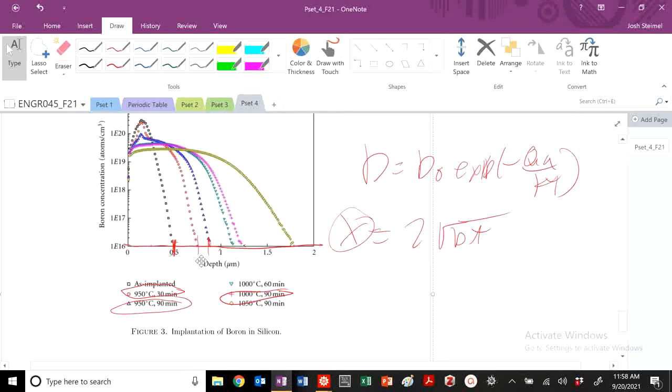So I also have a different diffusivity. It would be nice if we could get the same time, but we're not really getting it in this problem. So I'm going to look at what this diffusivity is. Let's do 1,000, actually this one. That's basically half a micron, and then so it's like 0.75 microns.